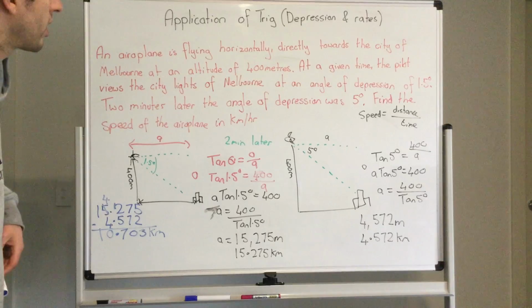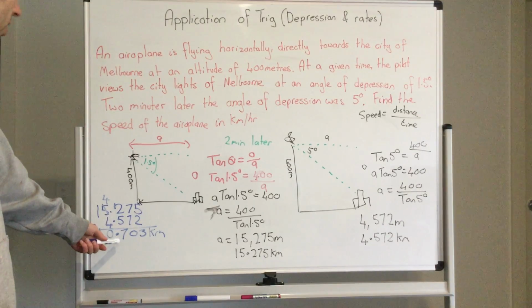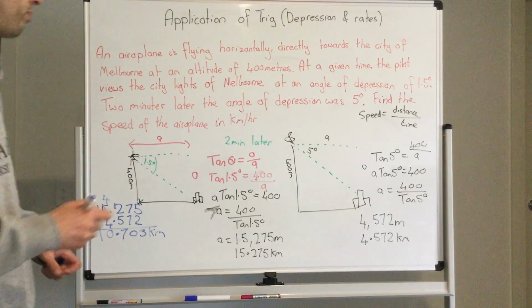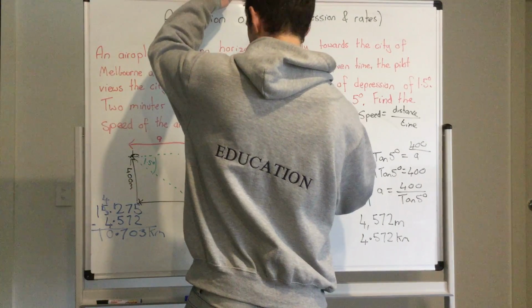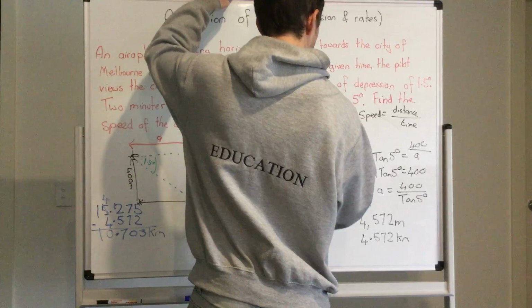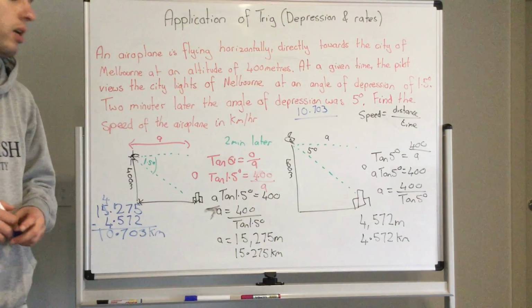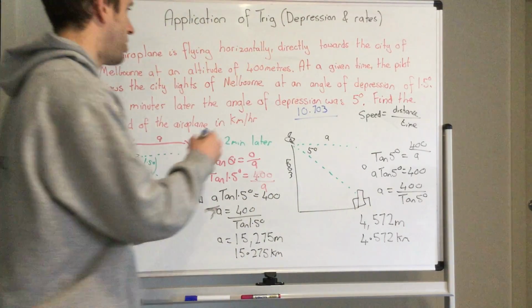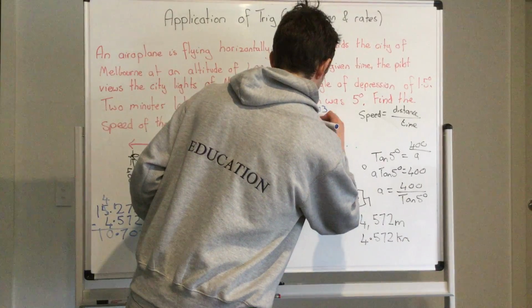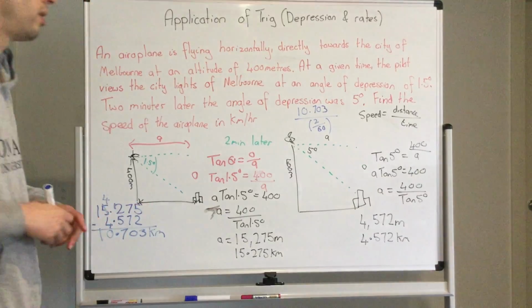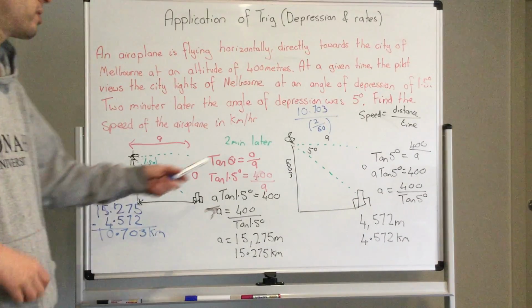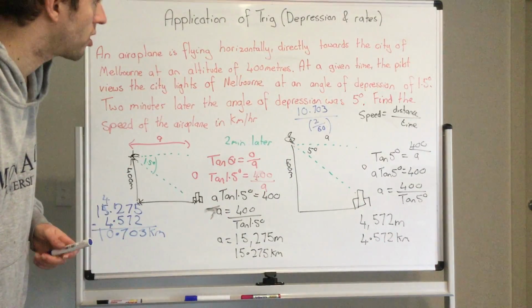So to get the speed, we are going to go 10.703 over the time, and the time is 2 minutes out of 60, and that will tell me the speed that it's going.